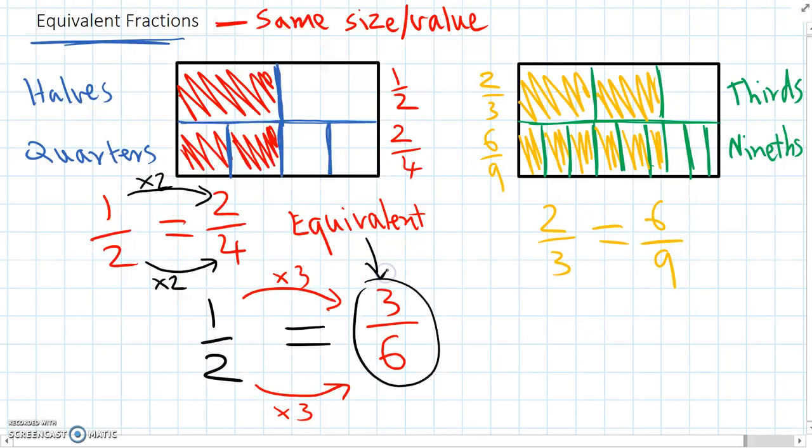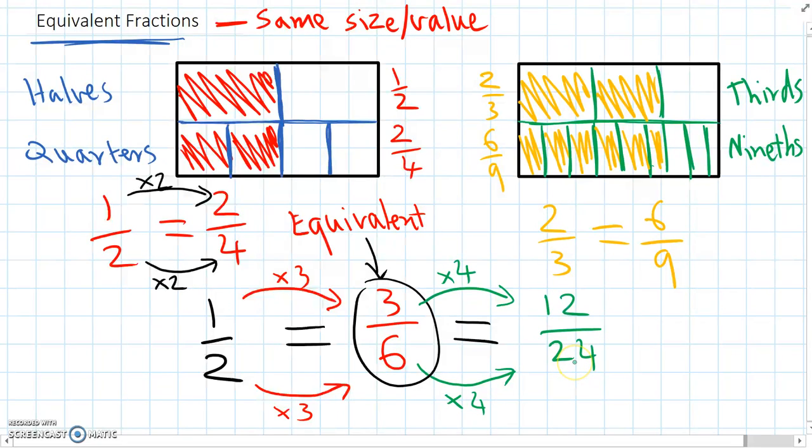So we've made an equivalent fraction. And then we could make an equivalent fraction again. Let's multiply by 4, starting with 3/6. So 3 4s are 12, 6 4s are 24. So 12/24 is equivalent to 3/6 and to 1/2.